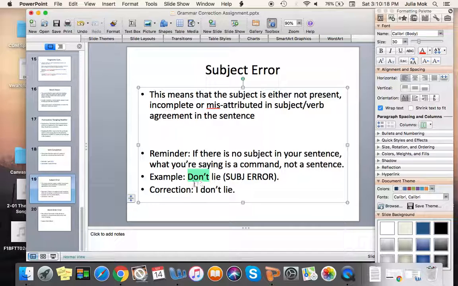But if you're not commanding someone, which for the most part you shouldn't be in your paper unless it's the conclusion, you need to have a clear, defined subject. Something like this, the I, right? I don't lie, instead of don't lie. Don't lie sounds like you're telling me not to lie. I don't lie is telling me something about yourself.